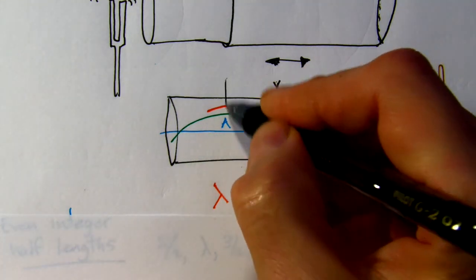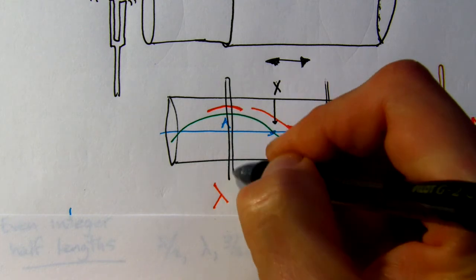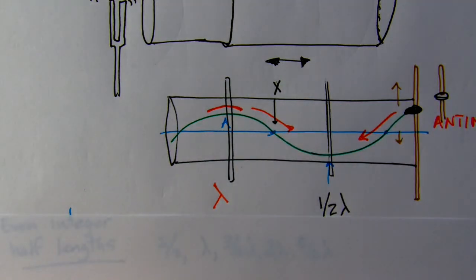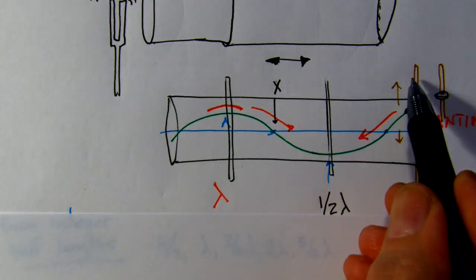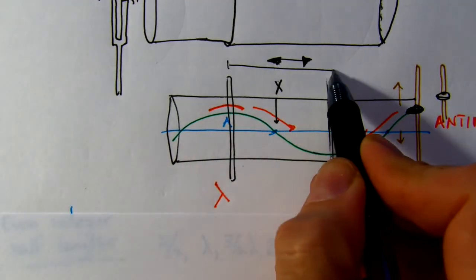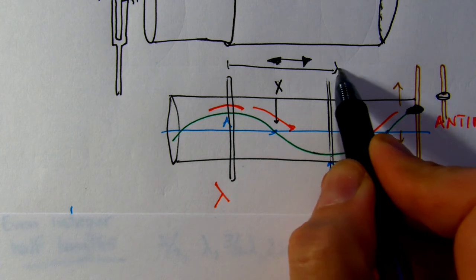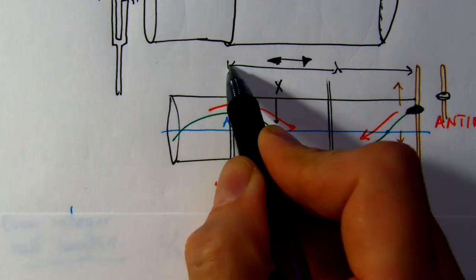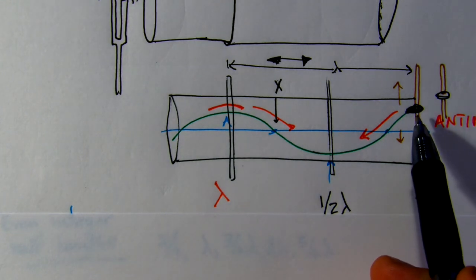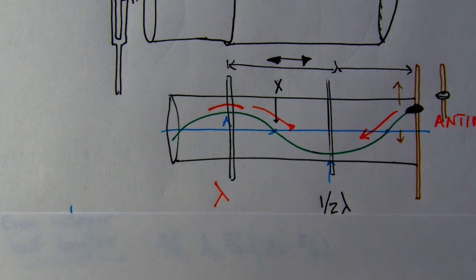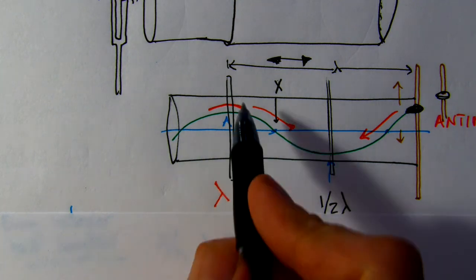But here, you'll also get sound. Well, look at what this is from here to here. That's an entire wavelength. What we do when we talk about an open tube situation is we use half intervals. So these two intervals here.